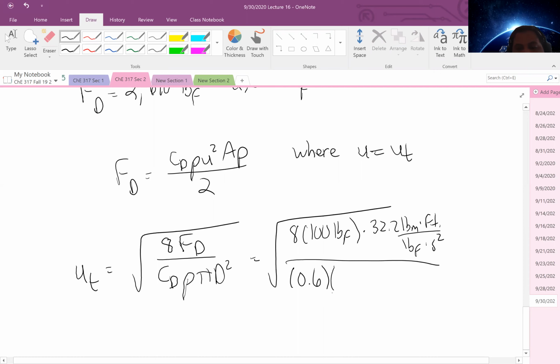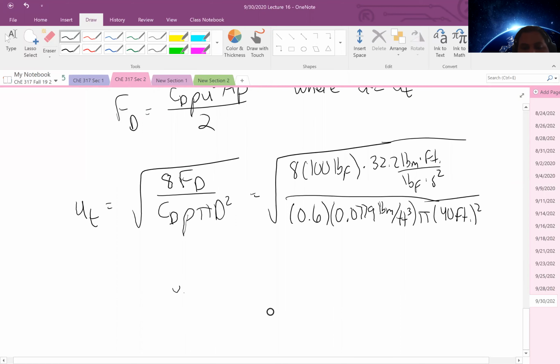So in this case, it would be the colder fluid, or 0.0779 pound mass per cubic feet, times pi times 40 feet squared. We do this, we should get a terminal velocity of approximately 8.8 feet per second.